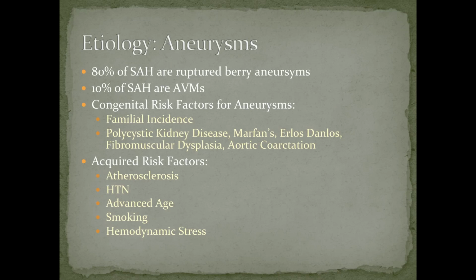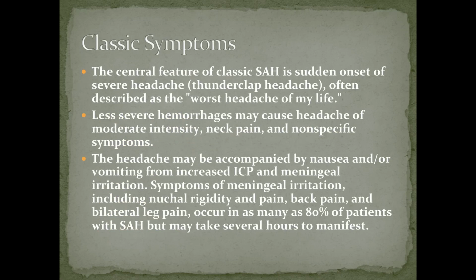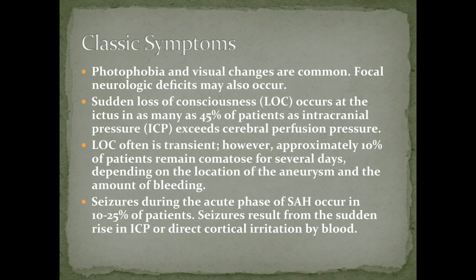If you're talking about other risk factors, you're talking about just vascular risk factors like we talked about in all patients: high blood pressure, smoking, atherosclerosis. We talked about the classic symptoms with an acute pain, with nausea, vomiting, sometimes meningeal irritation. Photophobia, we also mentioned, and in brief, syncope.